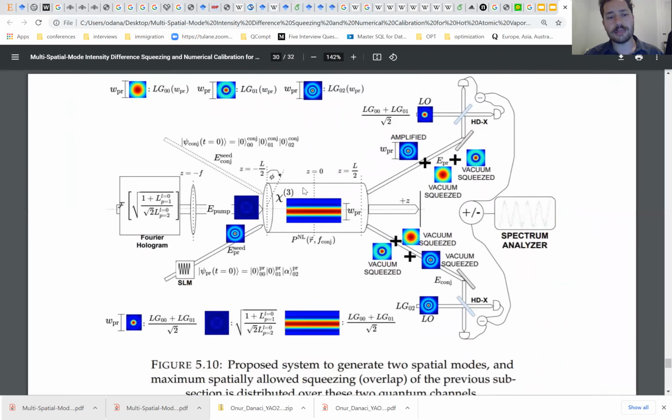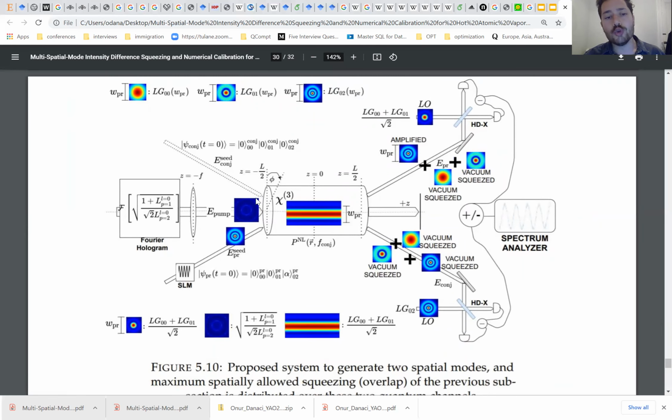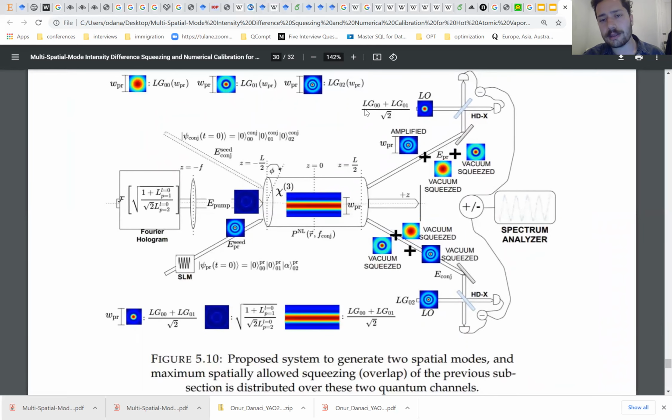Also, let's say you want to create a superposition of 0-0 and 0-1 beams. Again, as a seed, you would use the nearest adjacent P mode, the 0-2 mode, and you tailor your pump beam in such a way to cancel this, such that their overlap throughout the nonlinear medium is a superposition of these beams, and you create this beam.